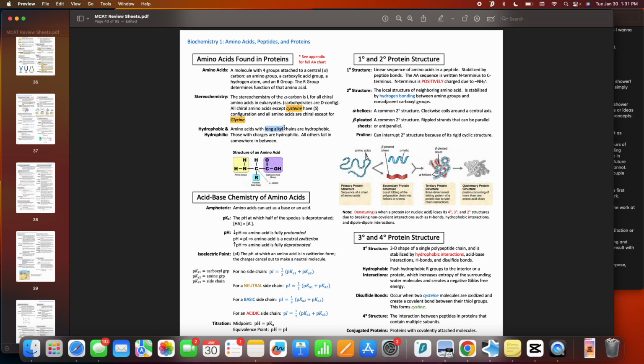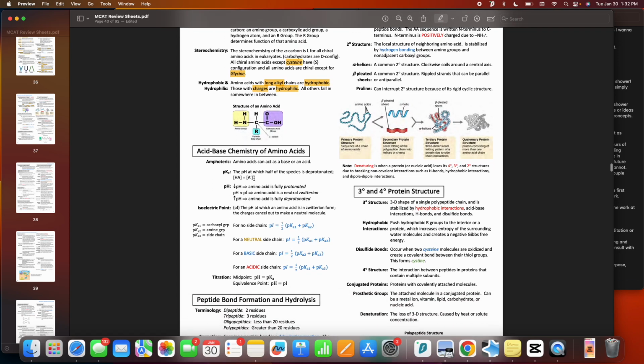So long alkyl is hydrophobic, and those with charges are hydrophilic. And all others fall somewhere in between. For example, this is the structure of the amino acid that gets the variable side chain.